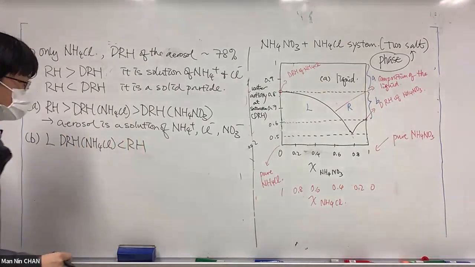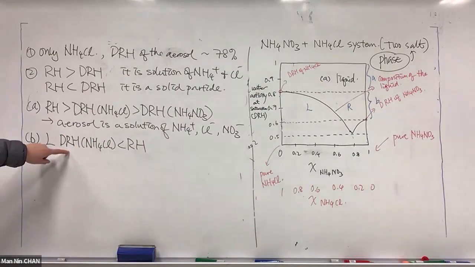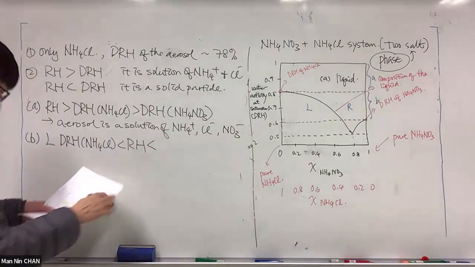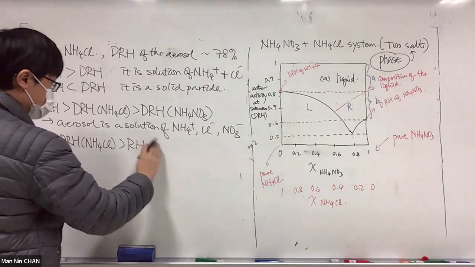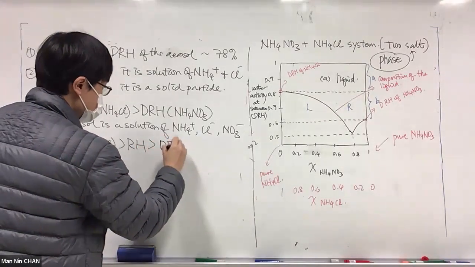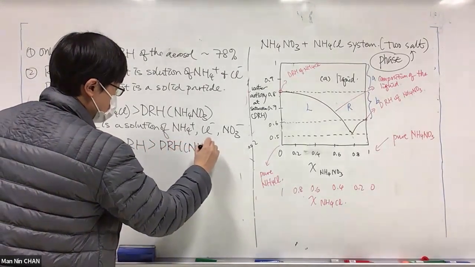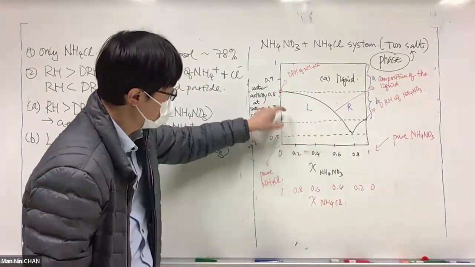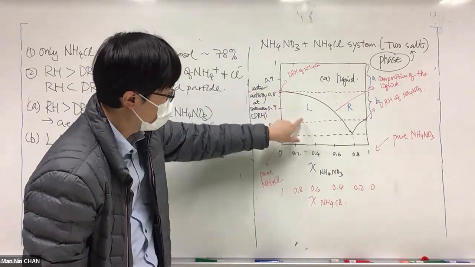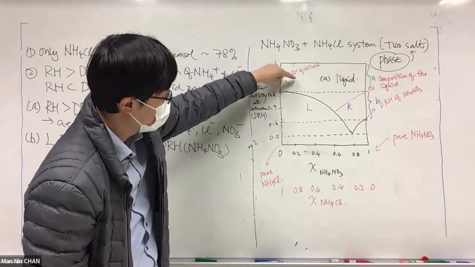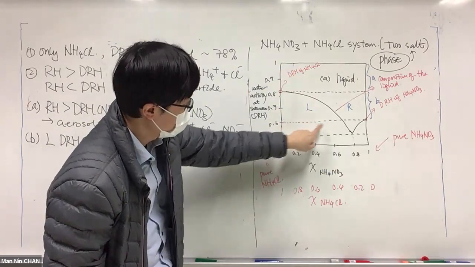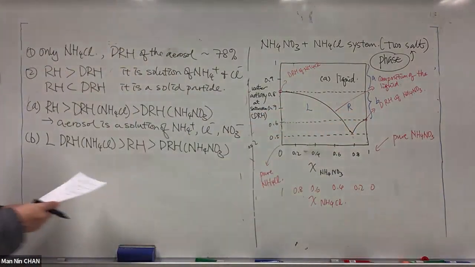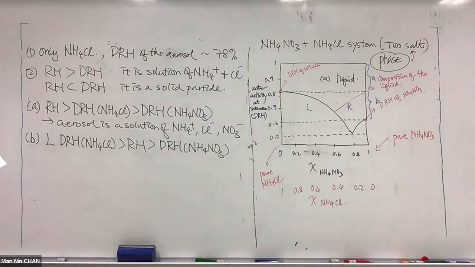So your RH is less than the DRH of your ammonium chloride, but above the DRH of your ammonium nitrate. Right, so this is how I bound this region. So it is below the DRH of the ammonium chloride, but above the DRH of my ammonium nitrate, right?